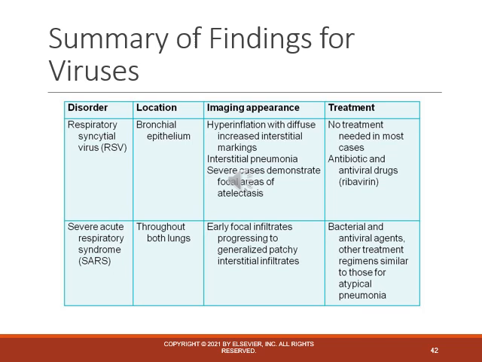Unlike RSV, SARS will appear on our images as an area of focal infiltrates later in the disease process. Early on, they may actually have a normal chest x-ray. If they are able to survive through the 7th day, they typically survive the disease. Death usually will occur prior to that.